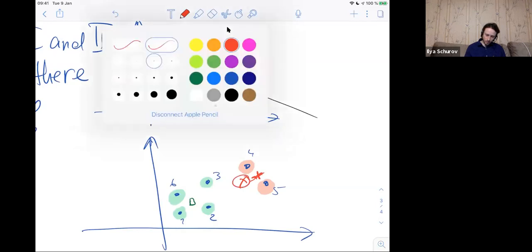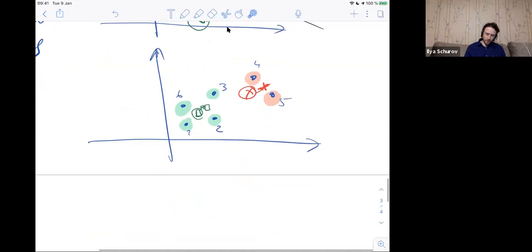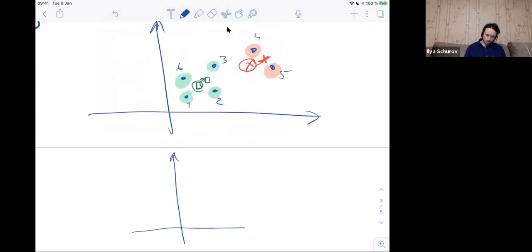And I will move this green point a little bit in this direction, because previously this green point was the center of these 3 points, but now a point is added, so it will be shifted a little bit in this direction. And then I will get the following picture. Again, I will get 4 points here and 2 points here.